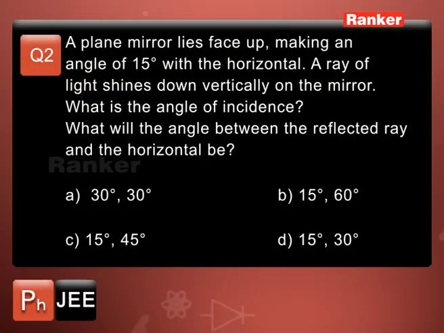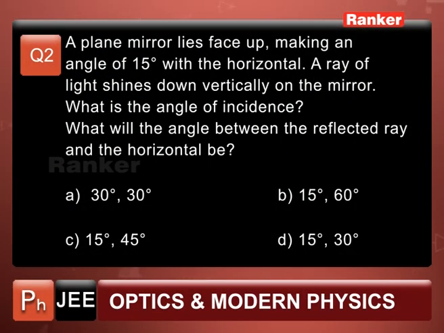Options are: A, 30 degree, 30 degree; B, 15 degree, 60 degree; C, 15 degree, 45 degree; D, 15 degree, 30 degree. The option will be B, which is 15 degree, 60 degree.